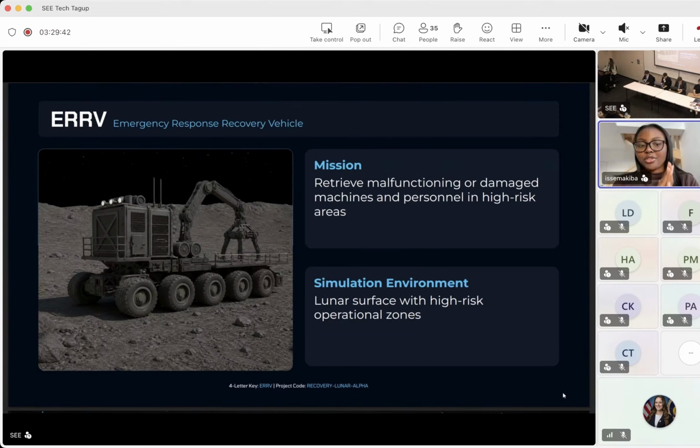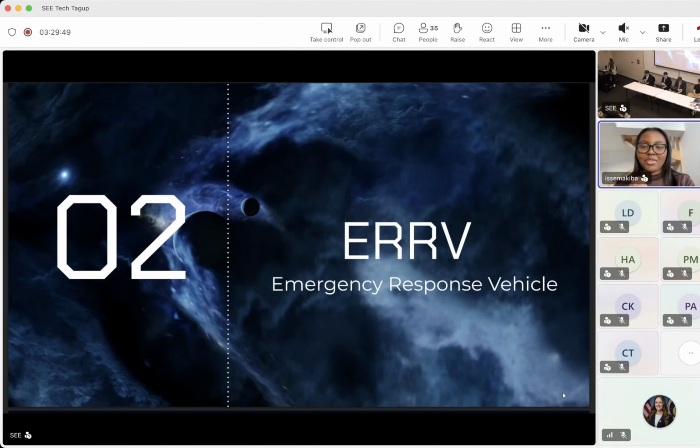For the first rover, let's talk about HRV, Emergency Response Vehicle, which is the first federate we created last year, and this year we improved it to work with the new federates.